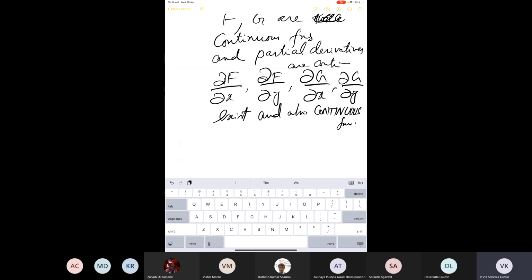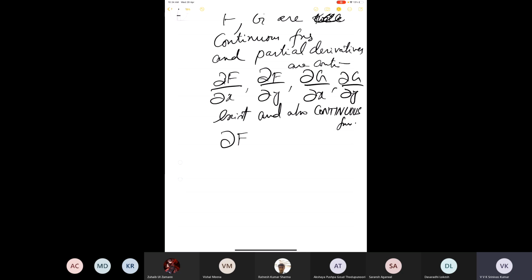And what is meant when f(x0, y0) is equal to 0, and g(x0, y0) is also equal to 0?